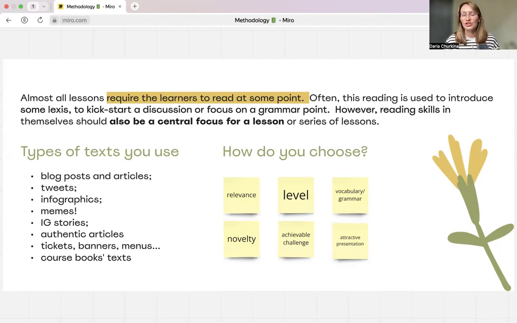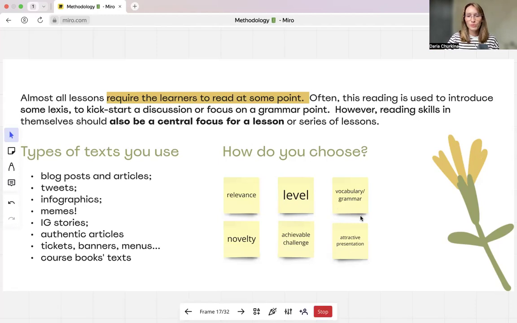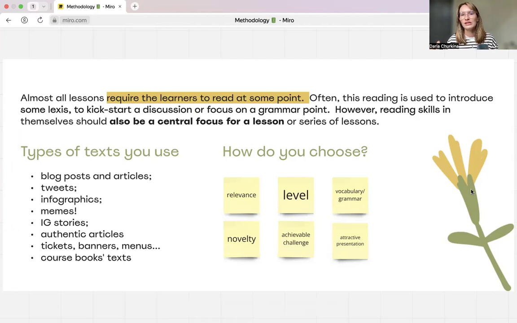Then achievable challenge. I think it's connected with the level. So the texts should be appropriate for your students, but they should be challenging as well, but the challenge should be achievable. Okay, I hope you've got the idea.